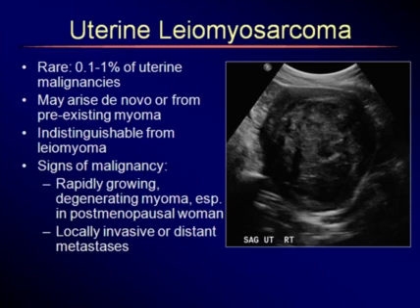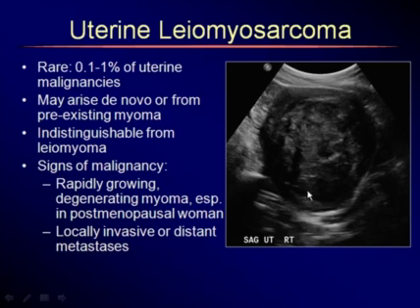So the only thing that we have to go on is that there are symptoms, there's pain, there's bleeding, and there's rapid growth of a mass in the uterus, and changes in a postmenopausal woman. Postmenopausal women tend to shrink their myomas. If it's a postmenopausal woman and the myoma is getting larger or the myoma is degenerating, then one has to consider the presence of a leiomyosarcoma.